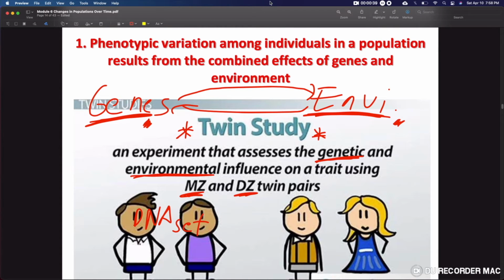Now, if at the end of the experiment they both turned out to be alcoholic, then you will say that it's not the environment, it's their genes that cause them to be alcoholic.